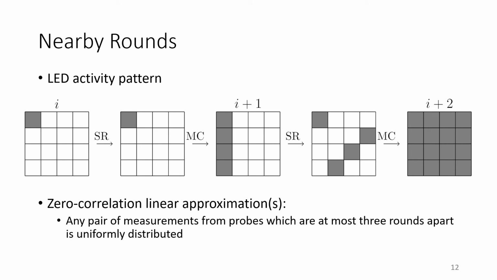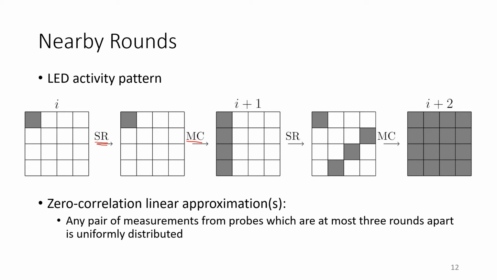So now let's consider the activity pattern from our masked LED. And again, remember that in our LED, the diffusion layers are similar to those of the AES. So we have a shift rows operation and we have a mix column operation.